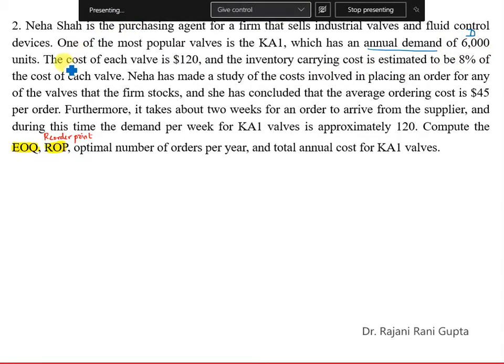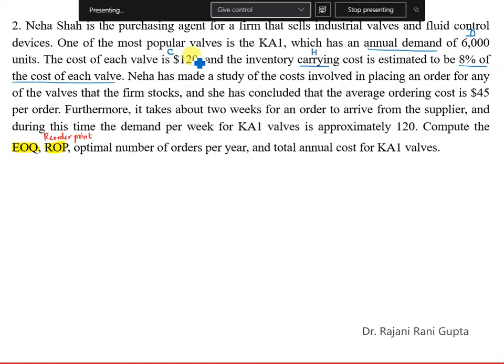The cost of each valve is $120. Cost per unit is denoted by capital C. The inventory carrying cost is estimated to be 8% of the cost of each valve. Carrying cost is denoted by H.